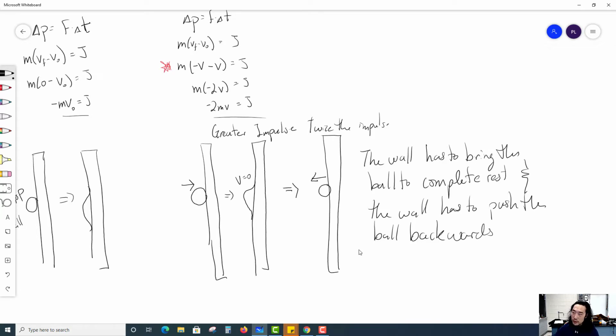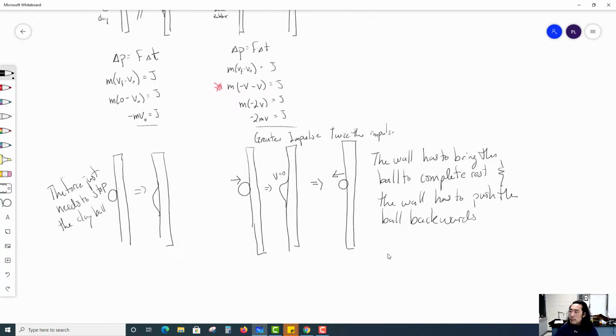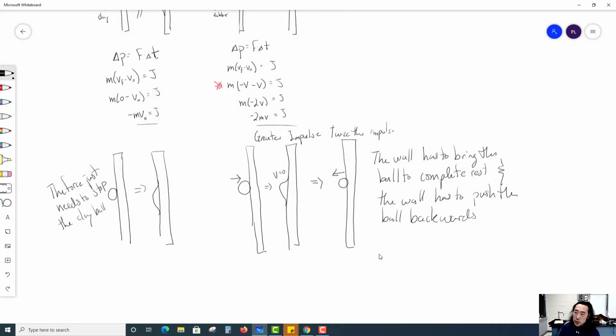Because that's what we call rebound. It has to bounce backwards. So if we were to compare, the first one, all the wall has to do is bring it to a complete stop. And for this one, it has a lot more to do. Not only does the wall have to bring the ball to a complete stop, but it also has to bounce it off in the opposite direction.